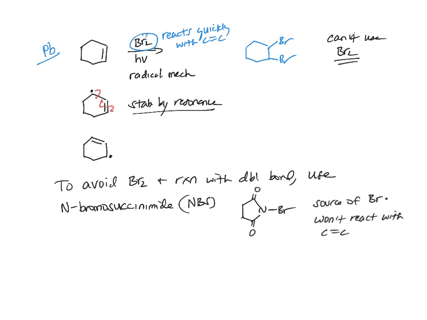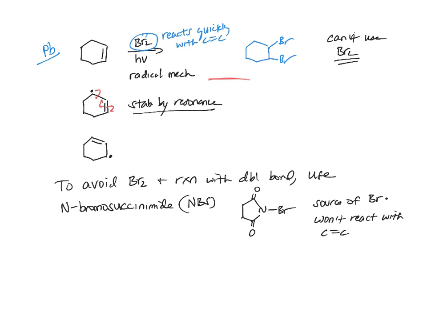So we're going to run through the reaction of making the allylic radical and putting a bromine in the allylic position using NBS, and we'll show you how that actually works. Let's go back and see if we can see it here. Right here, this top example, the Br2 was added in, and there was nothing but the double bond to react with, and so that's where it reacted.